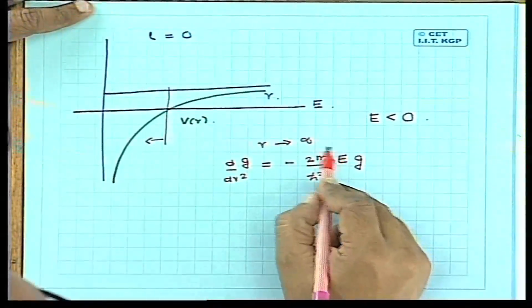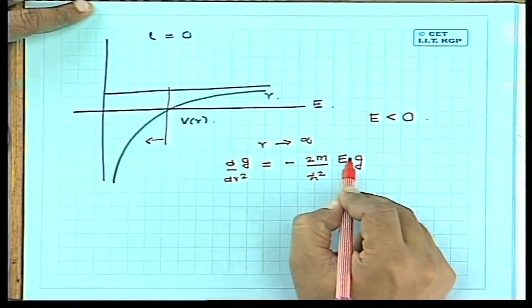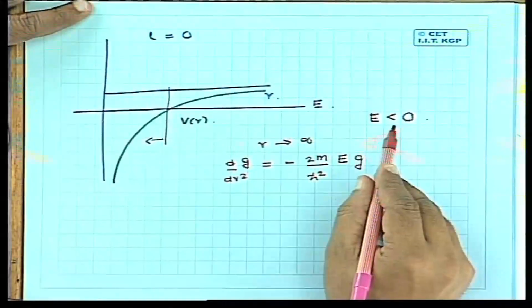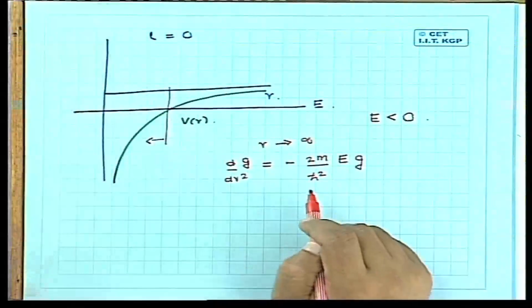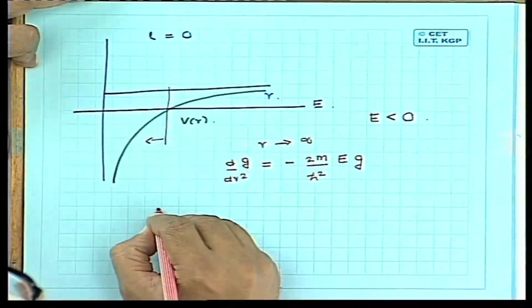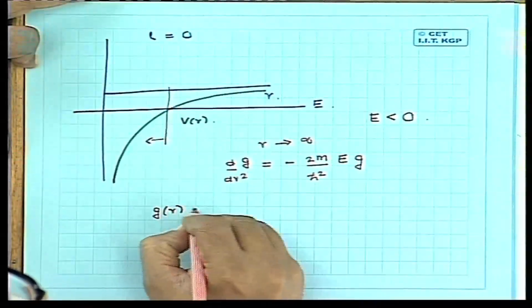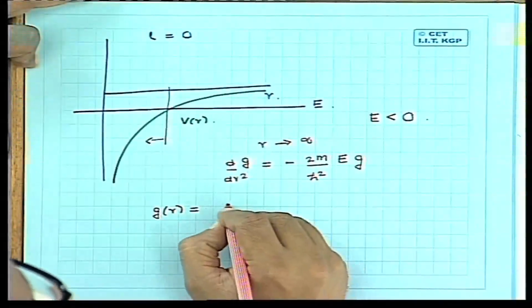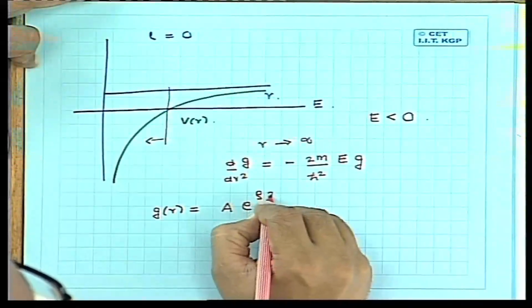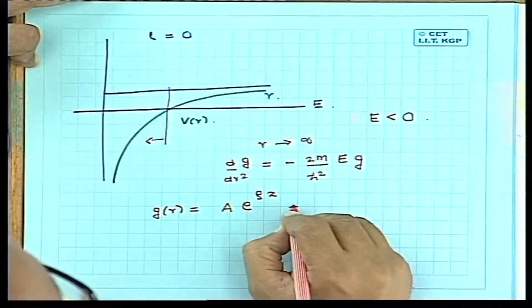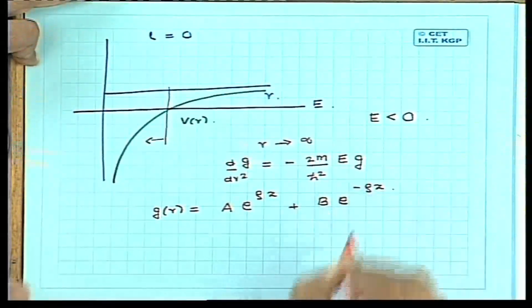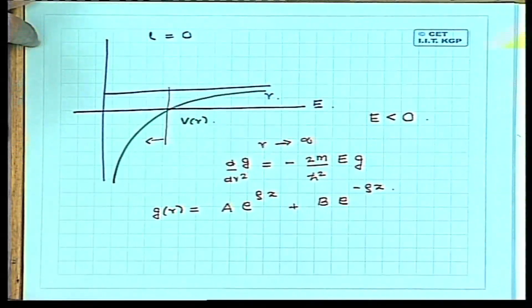So this whole coefficient over here is some positive number because E is less than 0. So G of r will have two parts. It will be some a e to the power rho r plus b e to the power minus rho r.